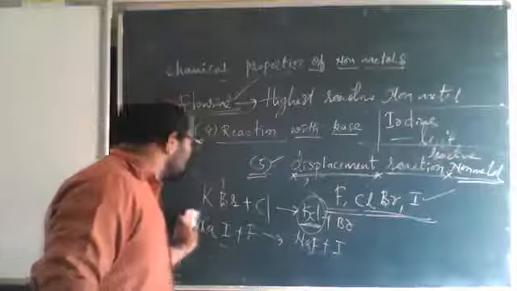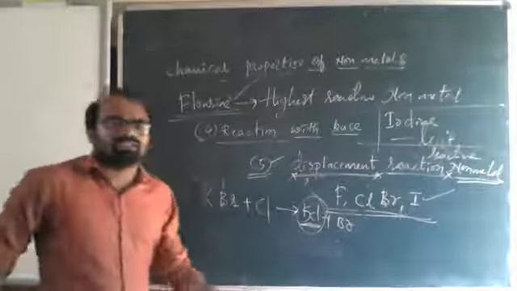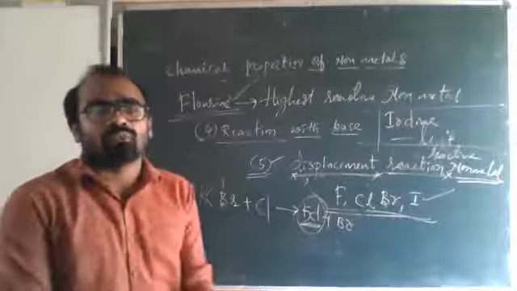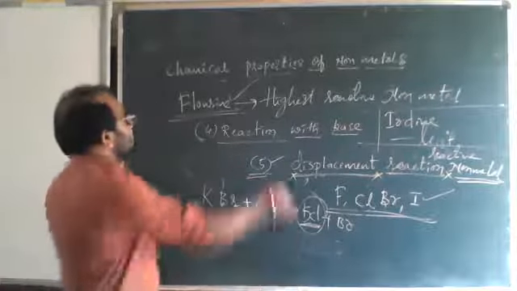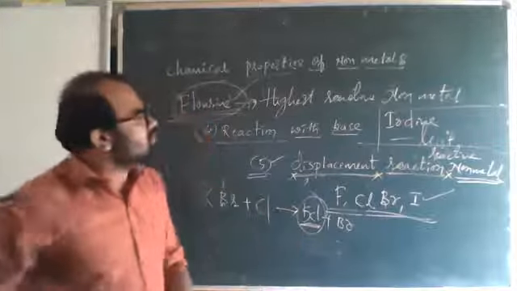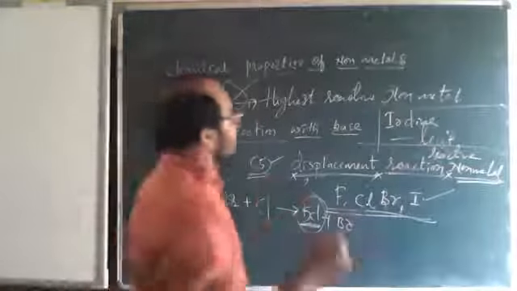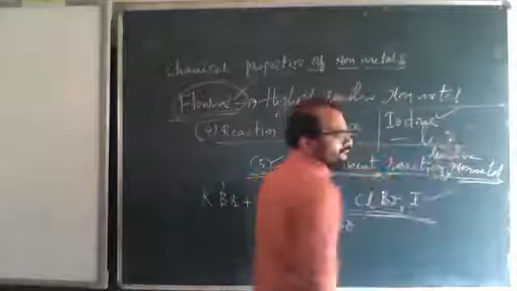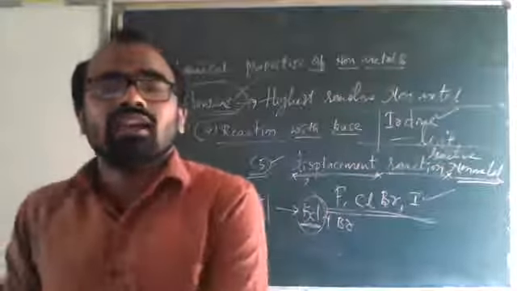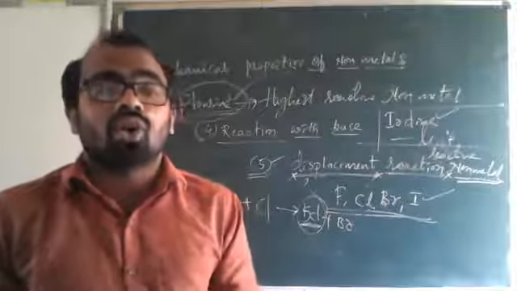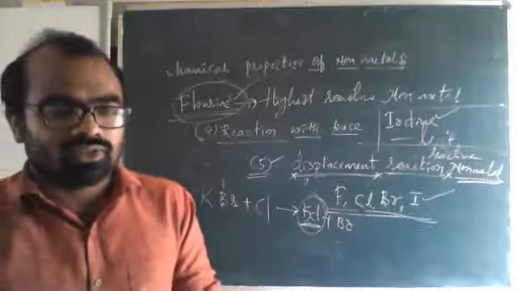This is the better example. Don't remember the sodium one. KBr is best: potassium bromide plus fluorine gives KCl plus Br. Enough, you remember only one. And this one is very, very important. Which is the highest reactive non-metal? Fluorine. Which is the least reactive non-metal? Iodine. Iodine is the least reactive non-metal, whereas fluorine is the highest reactive non-metal. So you have to understand all these concepts.